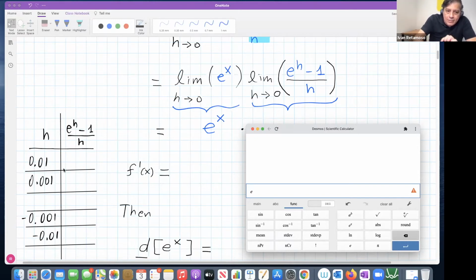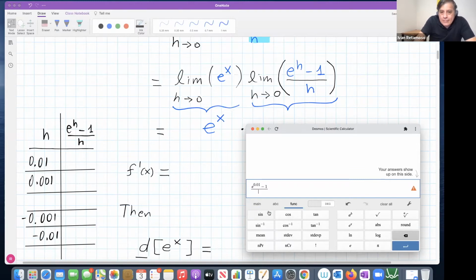But h is 0.01 for the first computation. So 0.01 on the exponent minus 1. And this whole thing, I'm going to highlight, then press slash, must be divided by h, 0.01. What do we get? We get this guy, 1.00501.